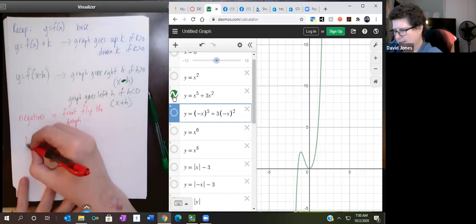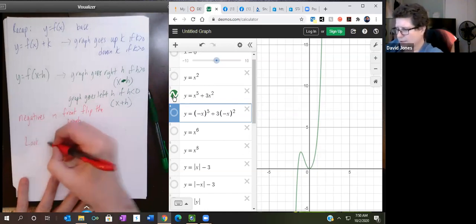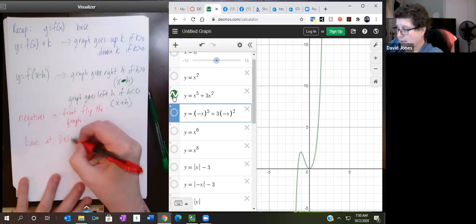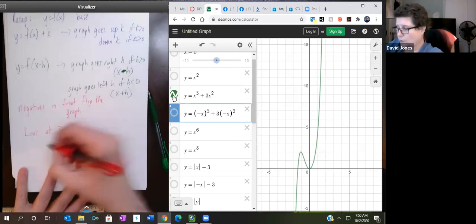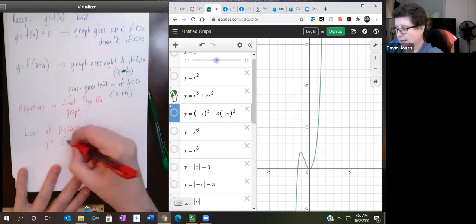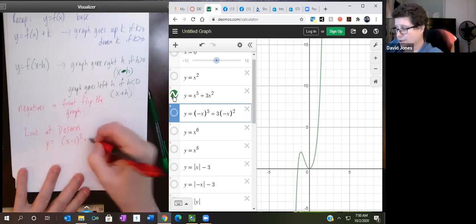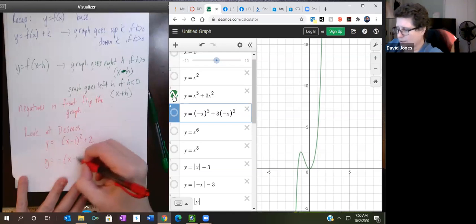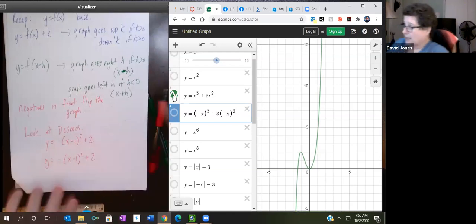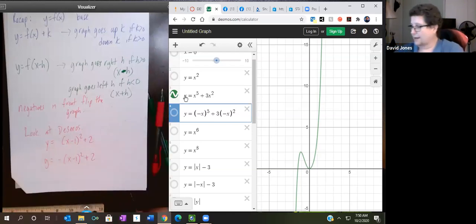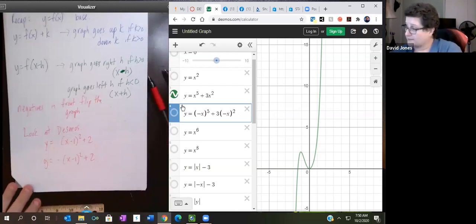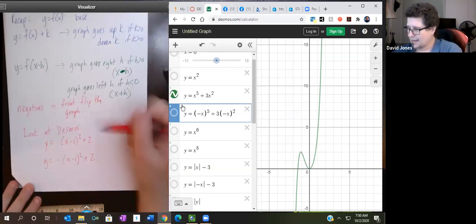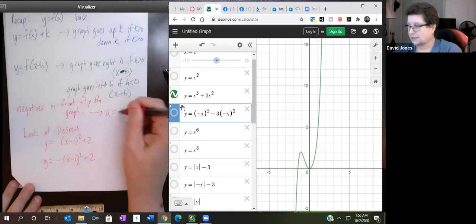So see them, or look at Desmos. I'll do it on Desmos real quick. Do y equals x minus 1 squared plus 2, and y equals negative x minus 1 squared plus 2. That's what I meant by putting the negative in front. Negative in front is the same thing as a equals negative 1.